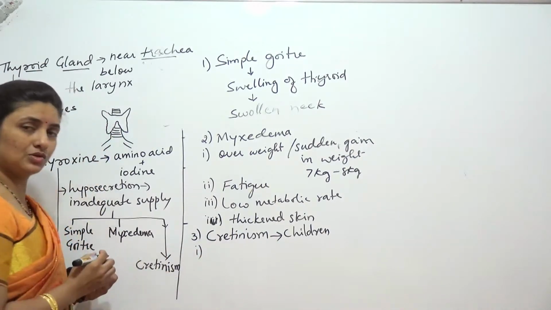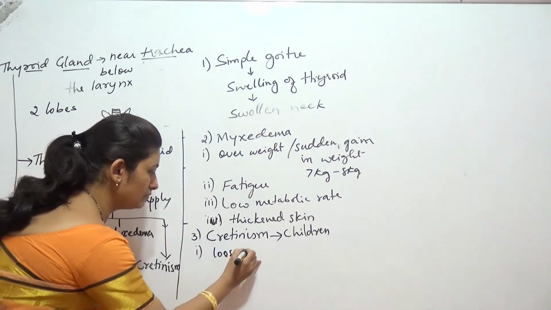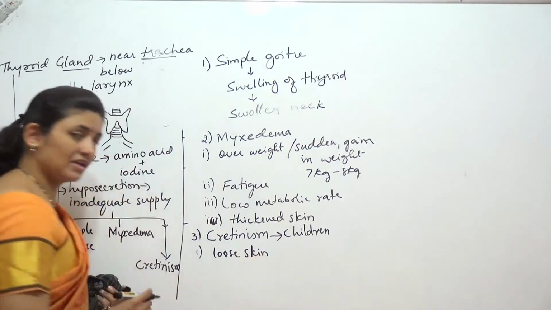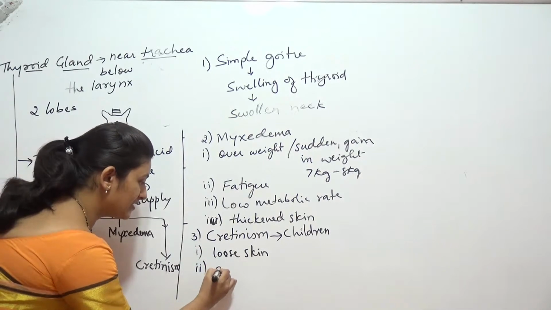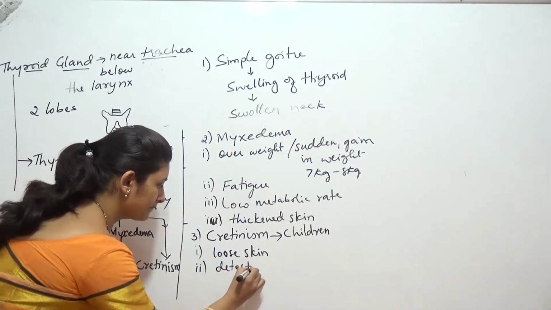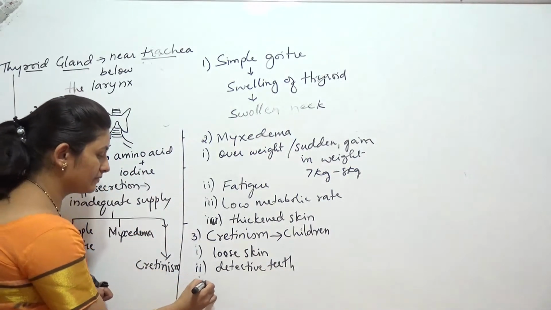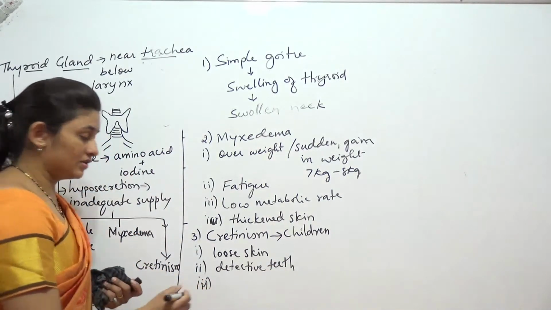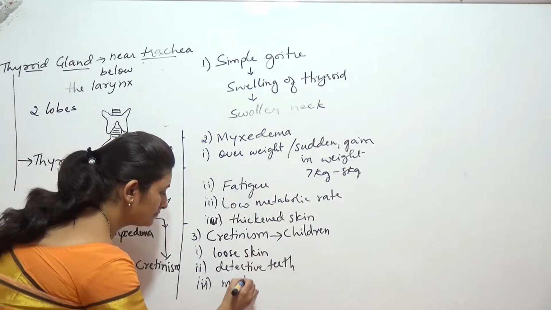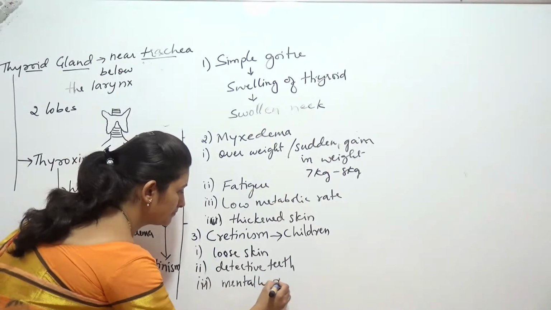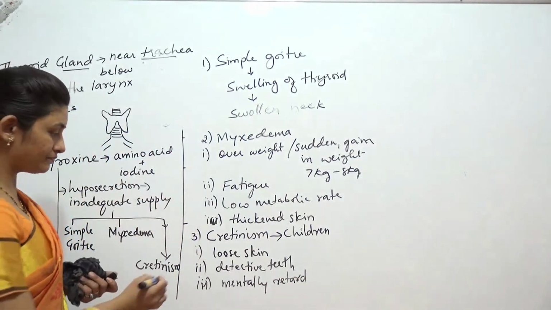The symptoms seen in them: loose skin. The skin is very loose. Here again, defective teeth are there. Next, the child is mentally retarded. Proper growth and development is not seen.